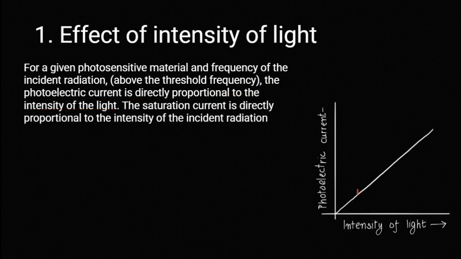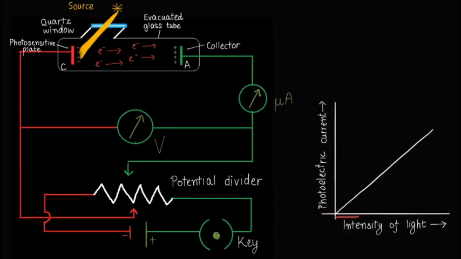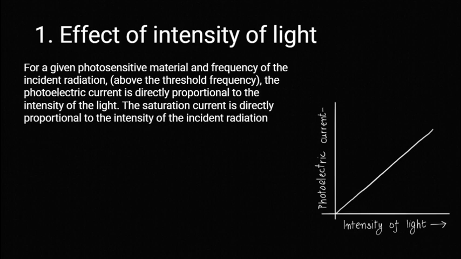We have seen from our first experiment that if I increase the intensity of the light, the brightness, the photoelectrons generated increase, and in turn the current detected also increases. So the photoelectric current is directly proportional to the intensity of the light, or I can also say the saturation current is directly proportional to the intensity of the light.